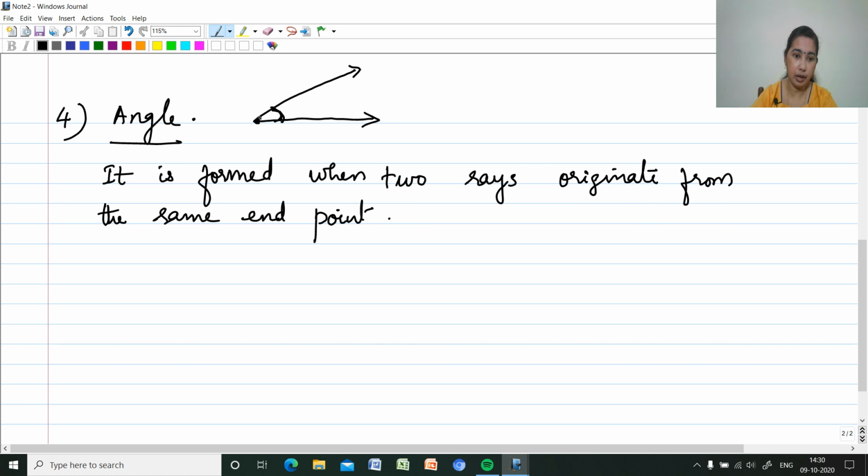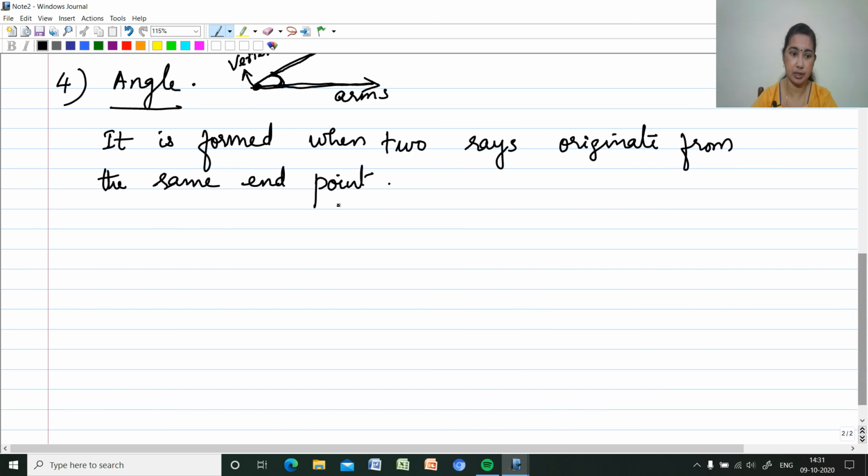These rays we call the arms of that angle, and this point we call the vertex. This is the vertex. These are the arms. This is an arm, and this is another arm. So for an angle there will be a vertex and two arms.